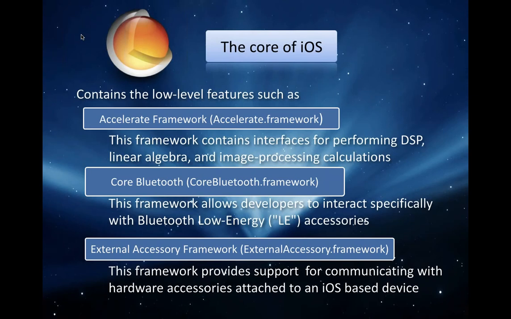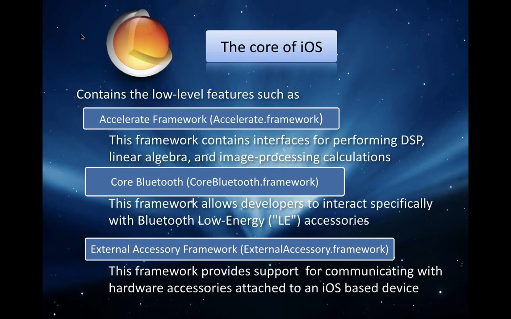All those things are kept under the layer called the Core OS layer. And the frameworks are just for the namesake. Here I listed a few: the Accelerate framework, the Core Bluetooth framework, and the External Accessory framework. These all relate to the device and the internals of the hardware accessories.